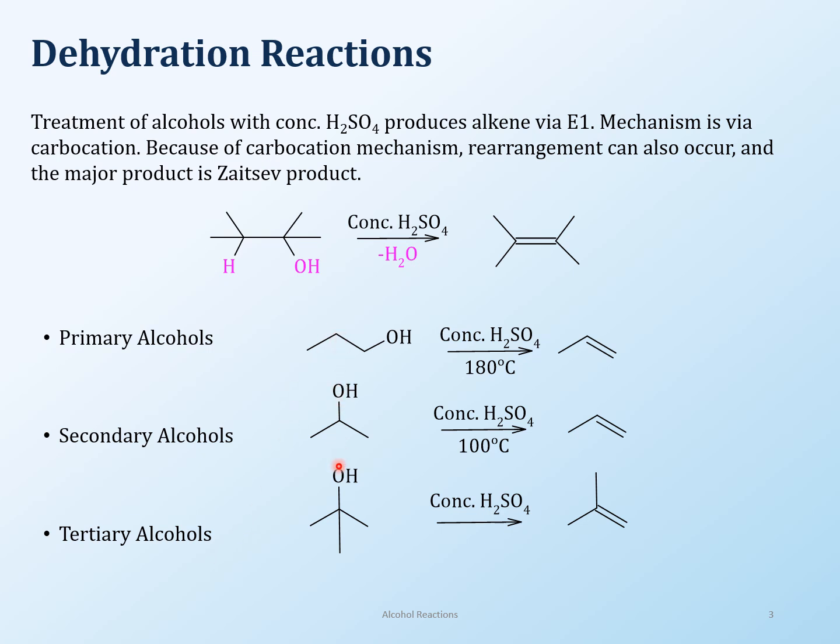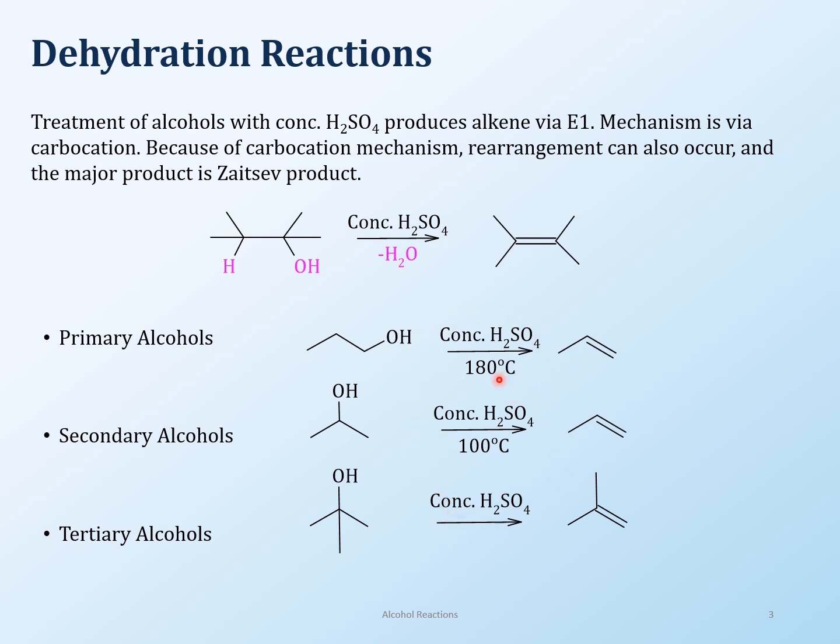The alcohols themselves are very simple, in the sense that they're all pretty much three carbons, but arranged differently to give you primary, secondary, and tertiary alcohols. So the alkenes you're getting are also pretty straightforward. The main thing I want to focus on is the reagents that you're using here.